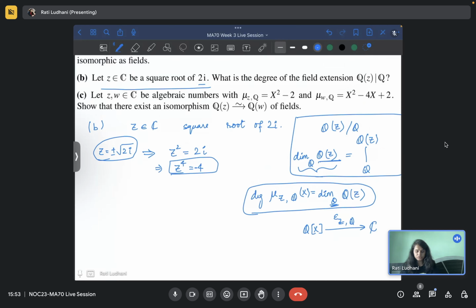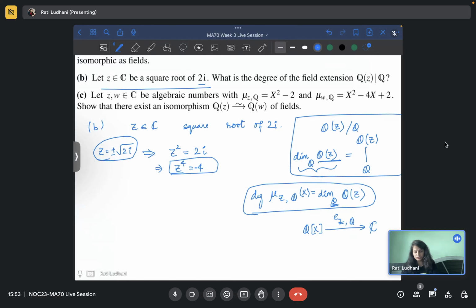So z raised to power 4 is equal to minus 4. That is one polynomial which is a candidate for a minimal polynomial if we can prove that there is no polynomial of degree 2, degree 3, or even degree 1.